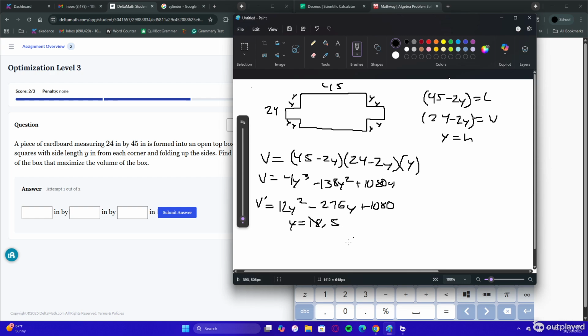So length: 45 minus 2 times 5 is 45 minus 10 equals 35. And then 24 minus 2y, 24 minus 10 equals 14. And then our y is just 5. So our answer would be 35 by 14 by 5.